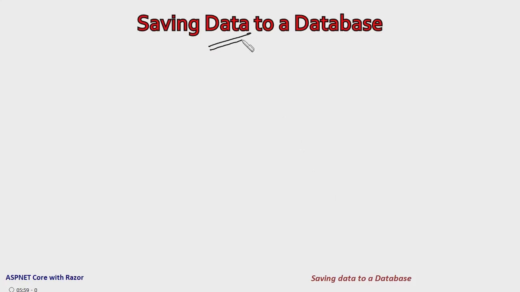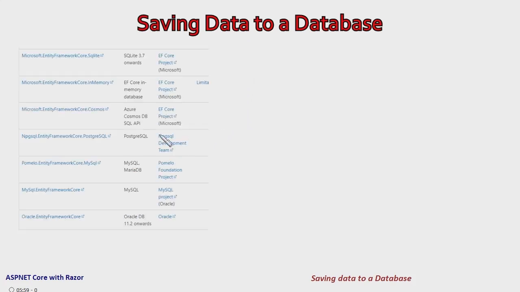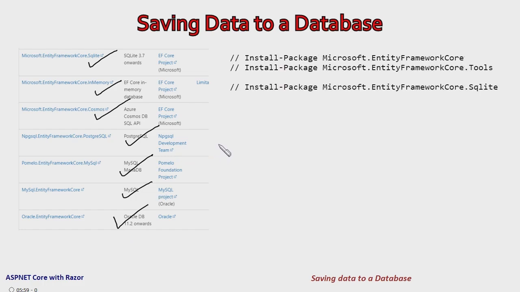In this tutorial, we shall learn how to save data to a database, and there are various options available: SQLite, in-memory, Cosmos, Postgres, MySQL, Oracle. So many versions are available, and all these can be used in your project, and these are the NuGet packages you will need.